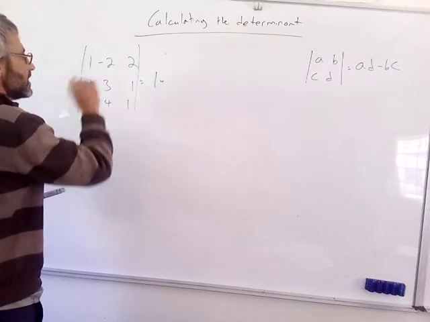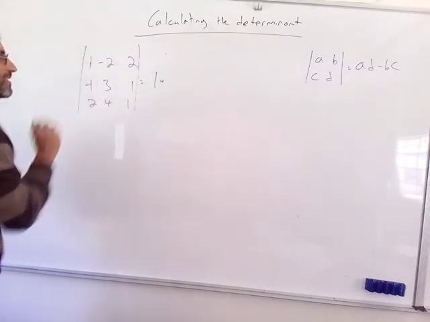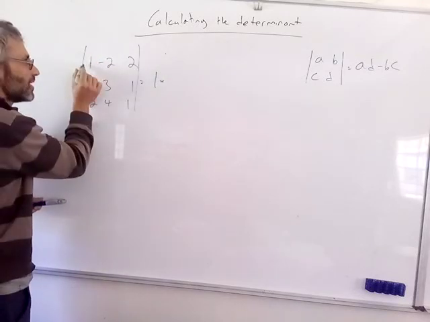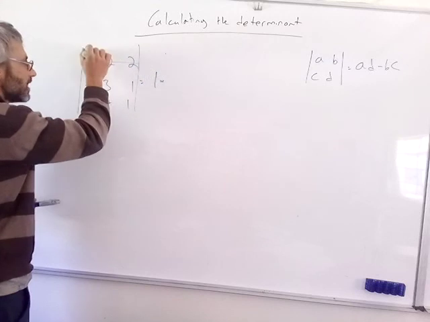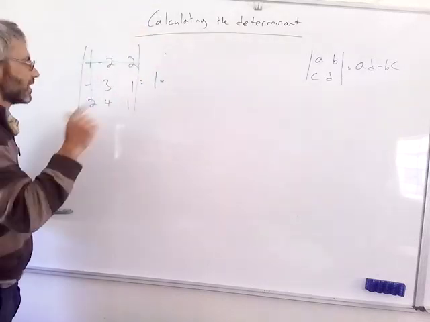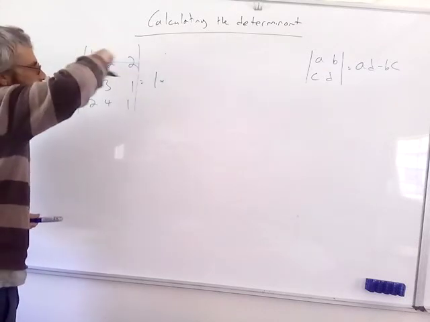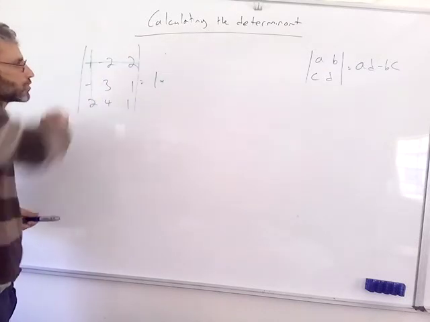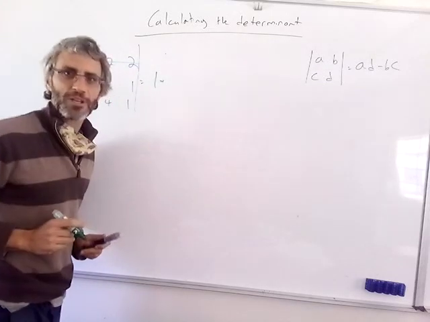This is my element 1 in the first row, and I'm going to put a little line through it, a horizontal and a vertical line, which I'll have to erase every time. It's a bit annoying. If I take a line through it, horizontal and vertical, then I'm left with a 2 by 2 matrix.